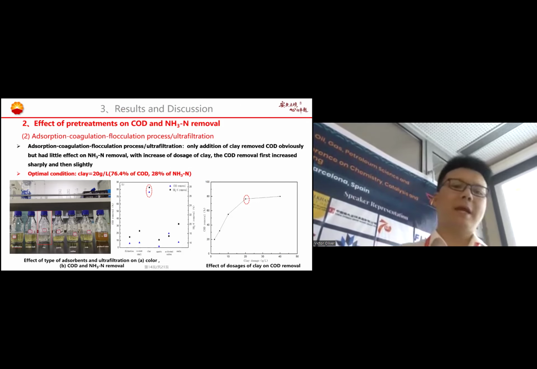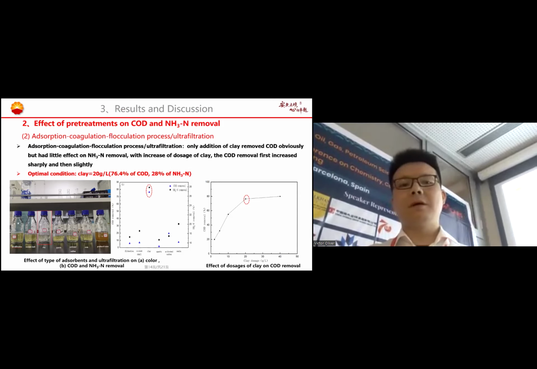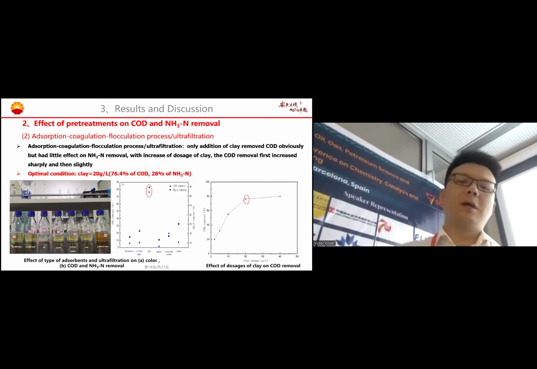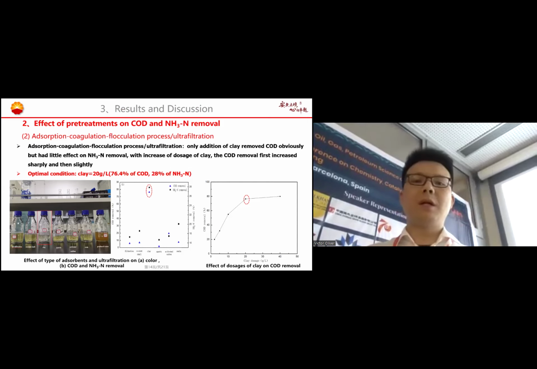Then we get the optimal condition. The best adsorbent is clay. The clay is 20 gram per liter. Then the removal of COD is up to 76%. But the removal of ammonium nitrogen is only 28%.